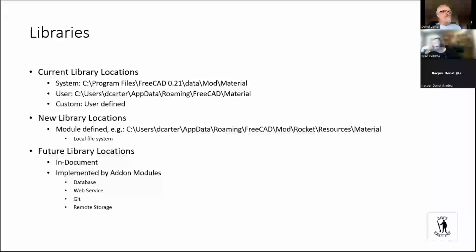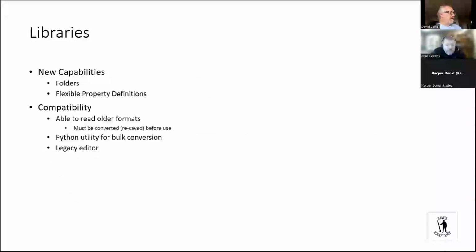You can use remote storage like Google Cloud or whatever you want to do. So it's just a matter of writing a module to do that, but we will have the APIs available for you to do that. So that's a pretty interesting development. And I'll show you in the editor a little bit later how we separate those libraries.